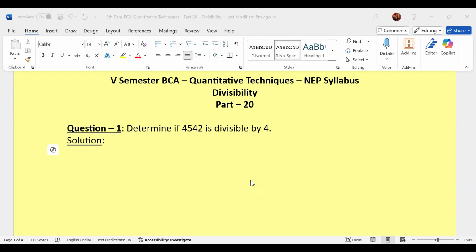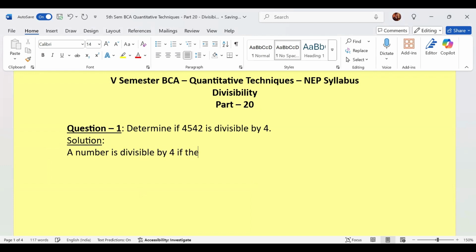First question, determine if 4542 is divisible by 4. So we can say a number is divisible by 4 if the number formed by the last two digits is divisible by 4.